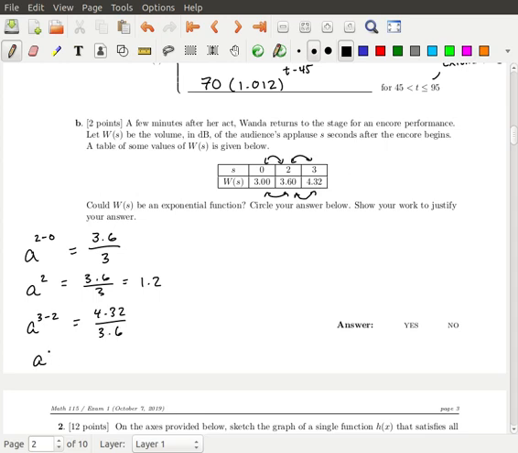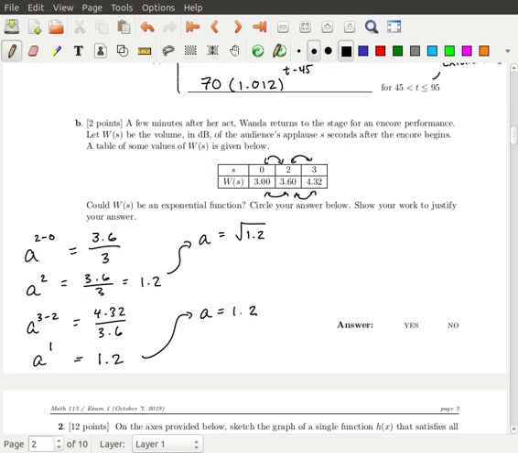And if we simplify that, that would say a to the 1 equals, and when you take this ratio, it is also 1.2. So one equation, if this was exponential, we would have one equation saying a was the square root of 1.2, coming from that one. And then coming from this one, just a equals 1.2.